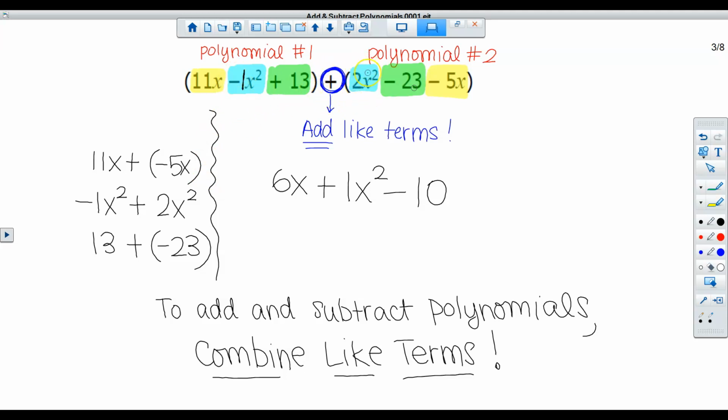Negative 1 plus 2 is positive 1, and then we put the x squared on that. And then we did 13 plus negative 23, which is negative 10. So this would be the answer that I get from adding those like terms together. So to add these polynomials, we add their like terms.